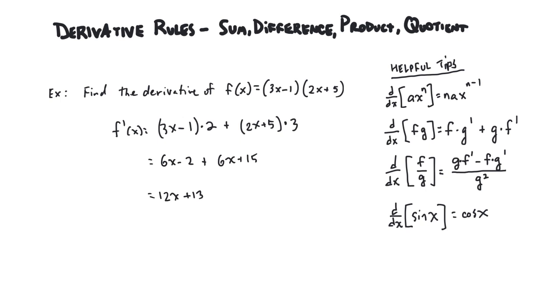However, I'm sure you noticed that in the very beginning, I could have multiplied these two binomials to get 6x squared minus 2x plus 15x minus 5, and collected those like terms to get 13x, and just taken the derivative using the power rule: 6x squared gives 12x, and positive 13x gives 13. So now I can see that the derivative worked both ways, both with the product rule and with the power rule. Let's see another example.